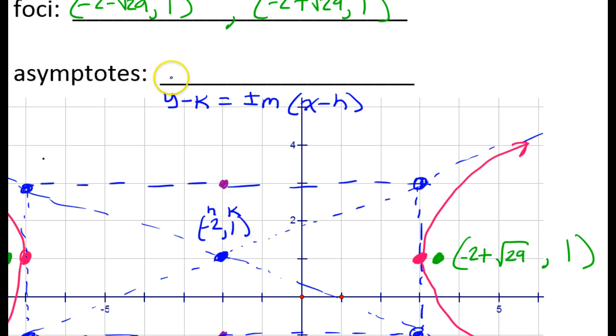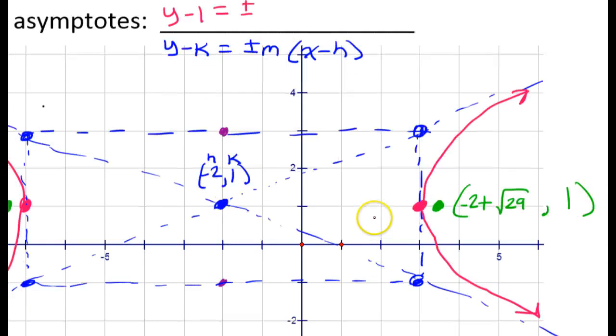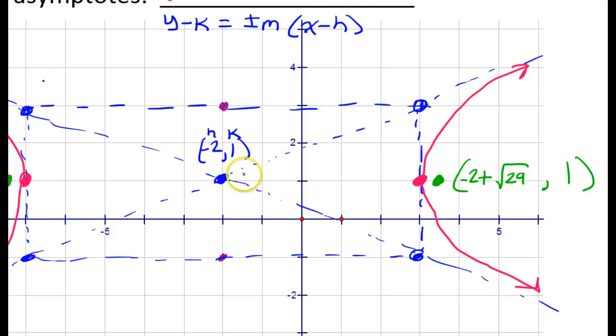Substituting those in, I'm going to have y minus 1, as I do the opposite of this, equals plus or minus. Now here comes the slope. Look at this diagonal. From this point at the center to this point at the corner, what is the rise and the run? Remember, it was the b value and then the a value. This is up 2 over 5, so the slope is 2/5.